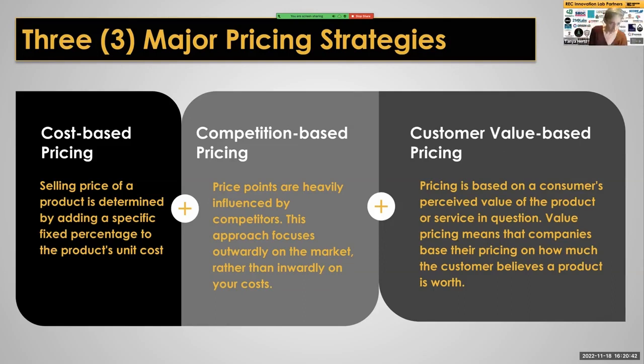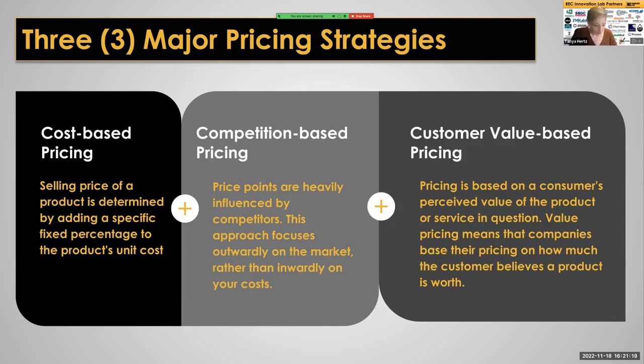Look at it from the cost-based approach. So cost-based pricing is when the sales price of the product is determined by adding a percentage of profitability or expenses that you want to make on top of the cost of actually producing, or the cost of goods sold. So the expenses should be no more than about 30% if you expect to remain profitable.